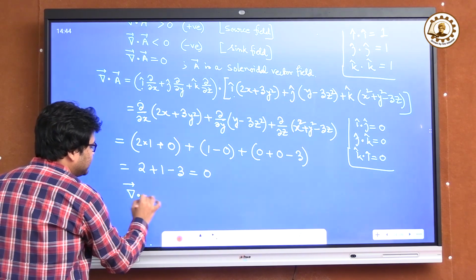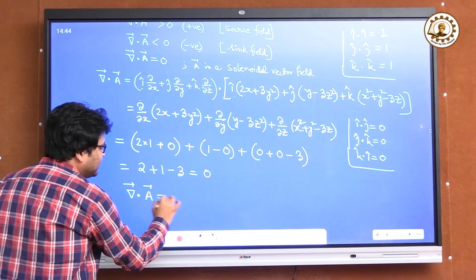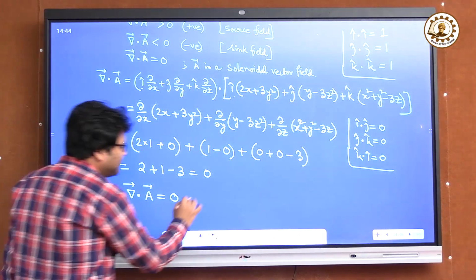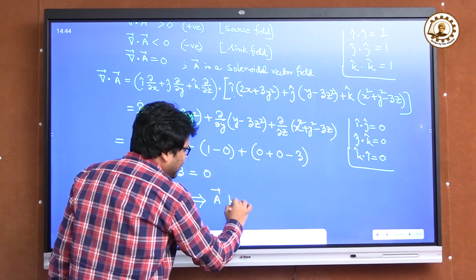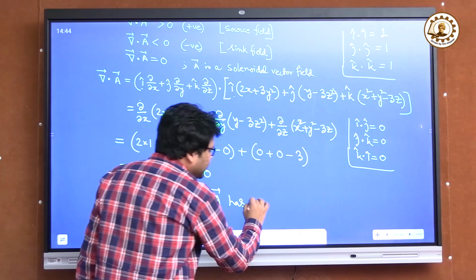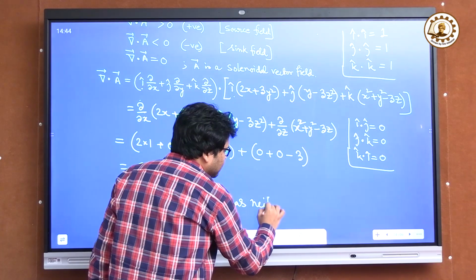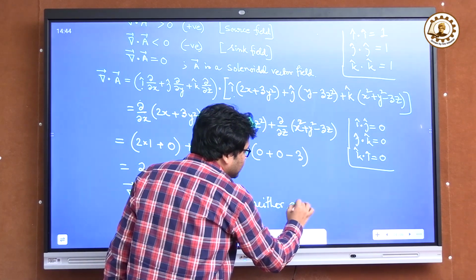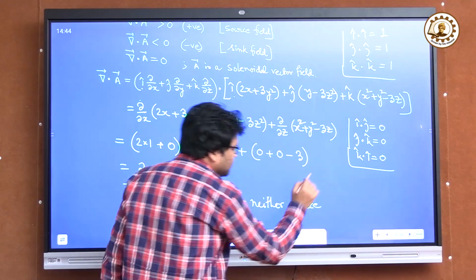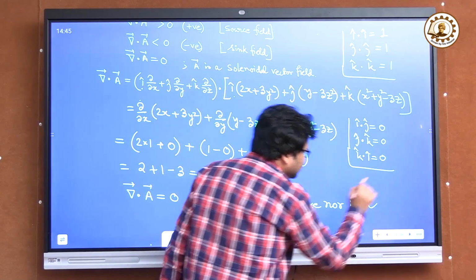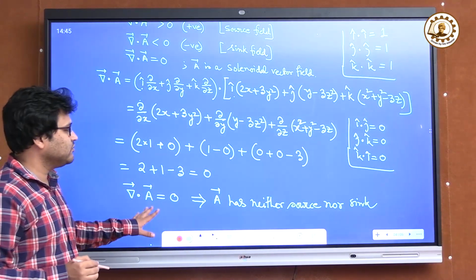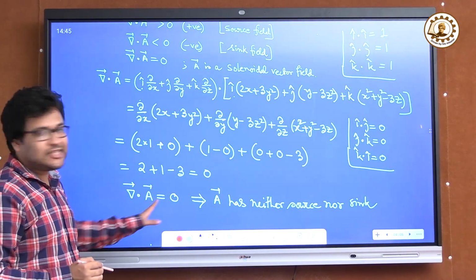So we have our divergence taken over the vector field A. The divergence taken over the vector field A leads to 0. So it implies that A vector has neither source nor sink, since it is simply 0, not positive, not negative, simply 0.